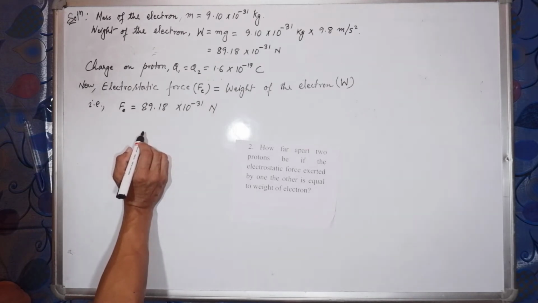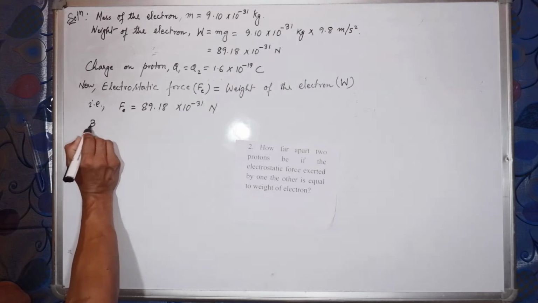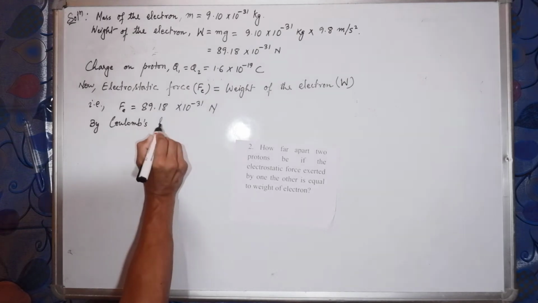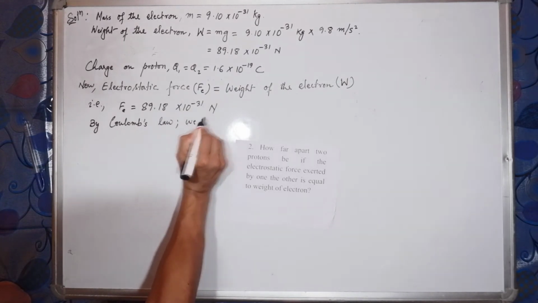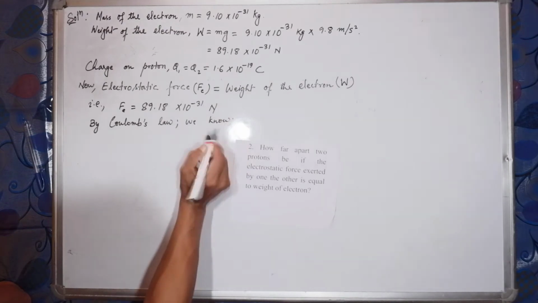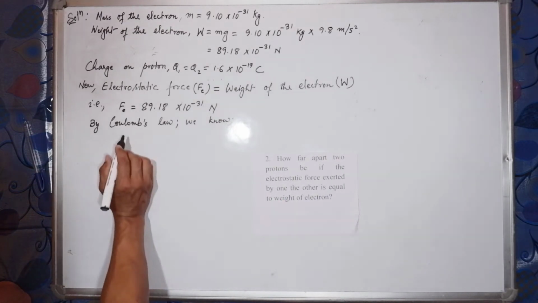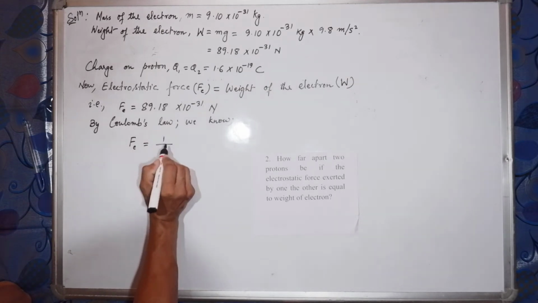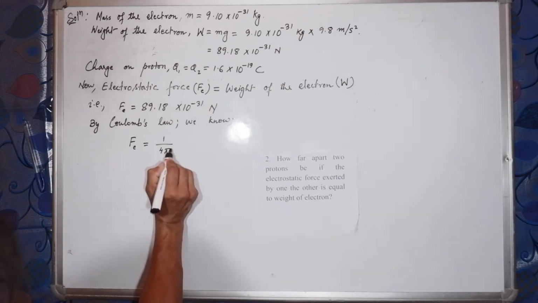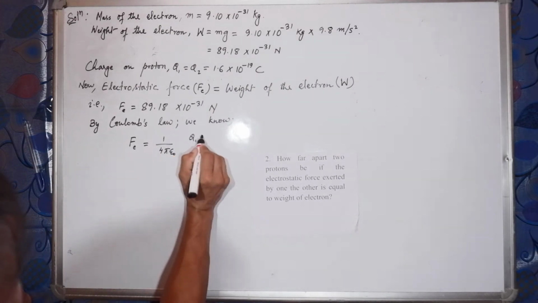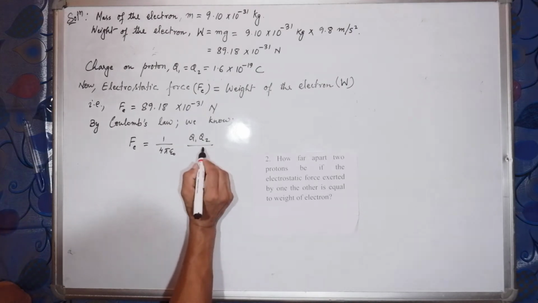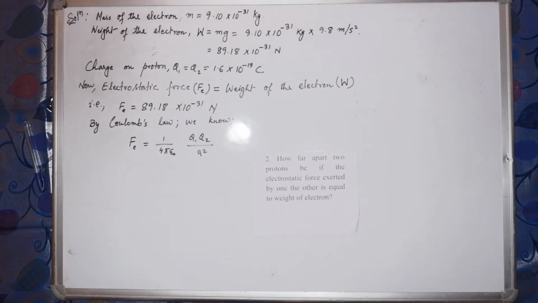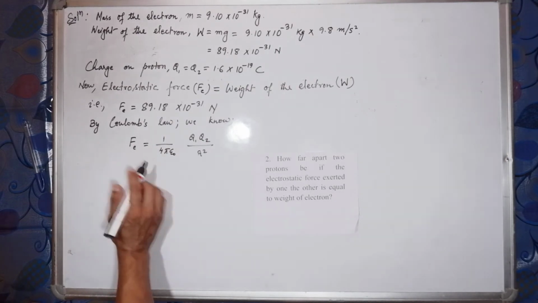By Coulomb's law we know Fe will be equal to 1 by 4 pi epsilon naught Q1 Q2 by R square, where R is the distance between the protons. So let us calculate it.